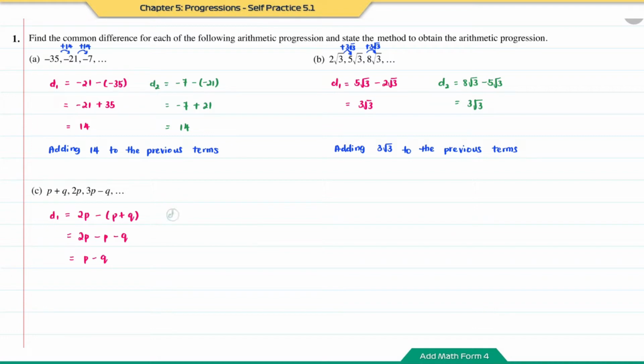Or you can also find the common difference using 3p minus q minus 2p. Solving for the like terms, 3p minus 2p is p, then minus q. So the method to get this arithmetic progression is that you are adding p minus q to the previous term.